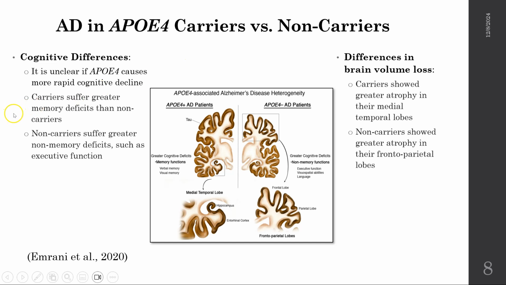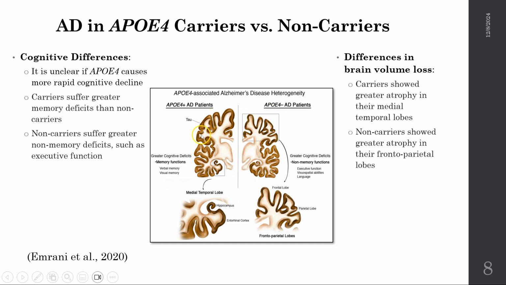Where the differences begin is in the presentation of that decline. Carriers will typically suffer greater memory deficits than non-carriers, while non-carriers will suffer greater non-memory deficits, such as in executive functioning. These deficits seem to correlate to the differences in volume loss in different areas of the brain.